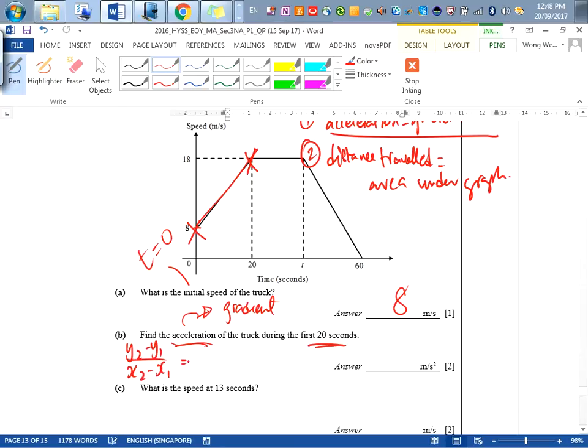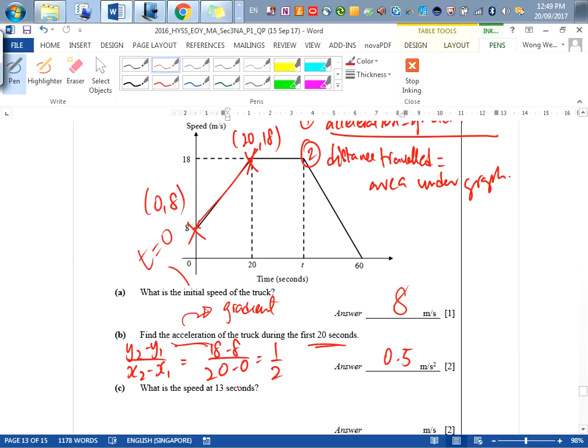What is your x and y? Over here we have (20, 18). This other coordinate will be (0, 8). Are there any other coordinates that I can use? Don't have already. No more information. And this will give me 18 minus 8 divided by 20 minus 0, which is half, or 0.5 meters per square second.